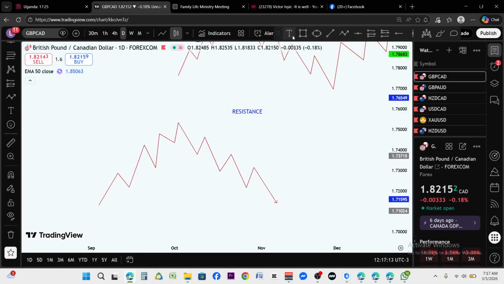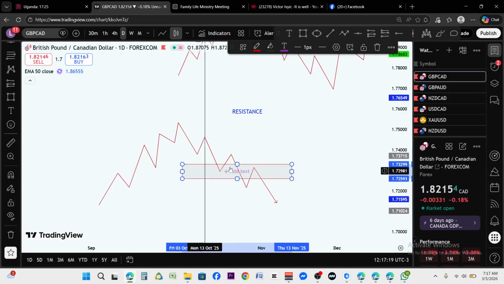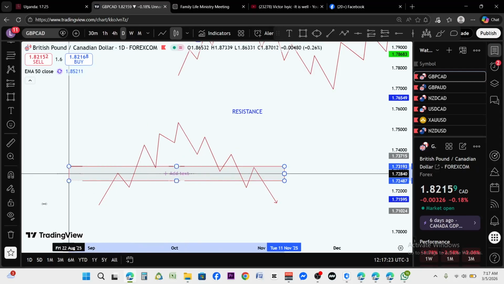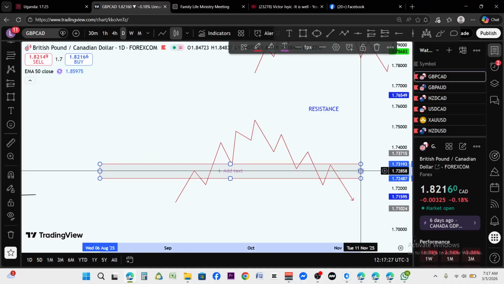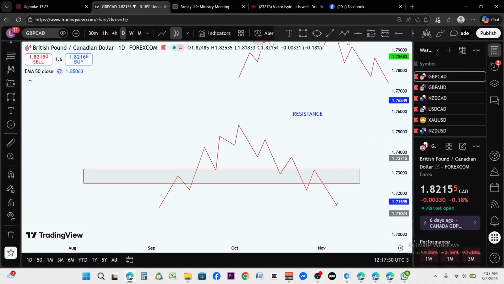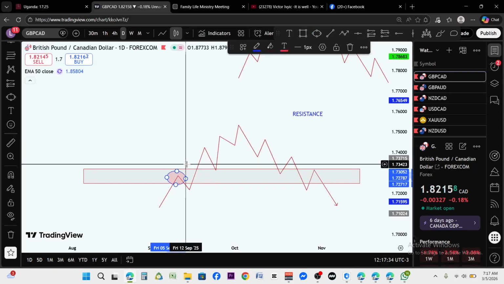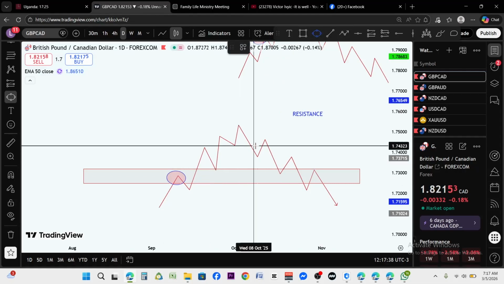For me to draw the resistance, I will come to the lower high here. This one, lower high. This way I'll draw the resistance. Here is resistance. Yeah, this here is resistance.